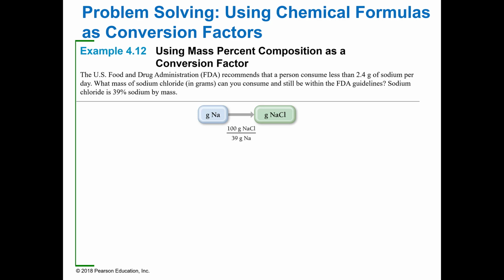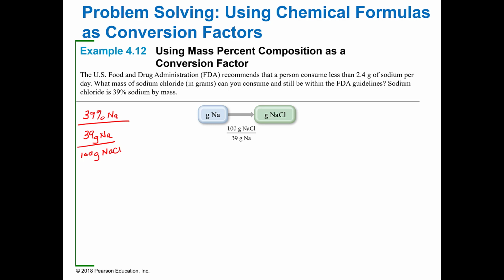Because 39% of sodium means you have 39 grams of sodium for every 100 grams of whatever it's in, sodium chloride. Because that's what percent is.